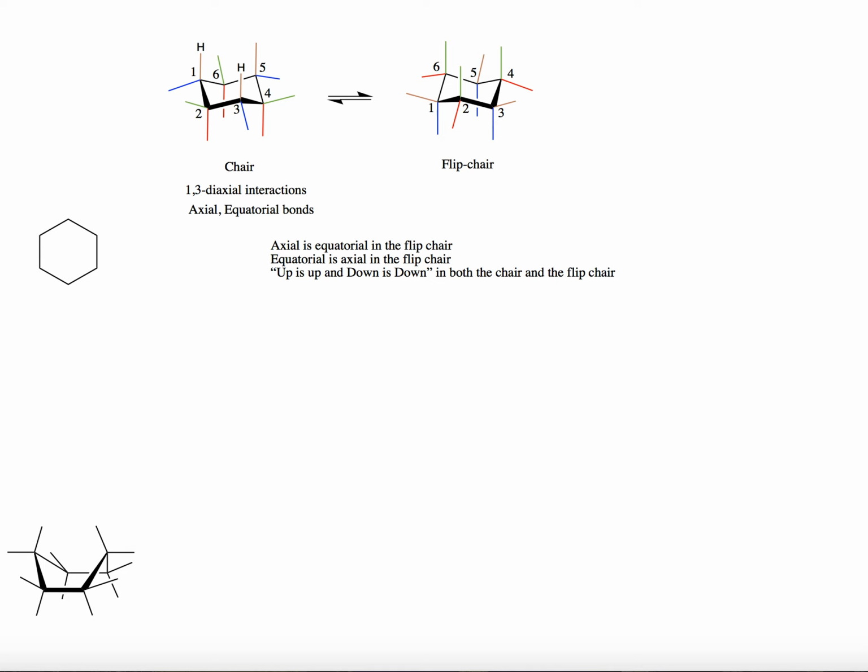So let me give you an example, because one of the key things here that every student must know is how to convert chairs into flat structures and vice versa. Let's say I'm going to put all hydrogens here at first. And then I'm going to replace two of these hydrogens.